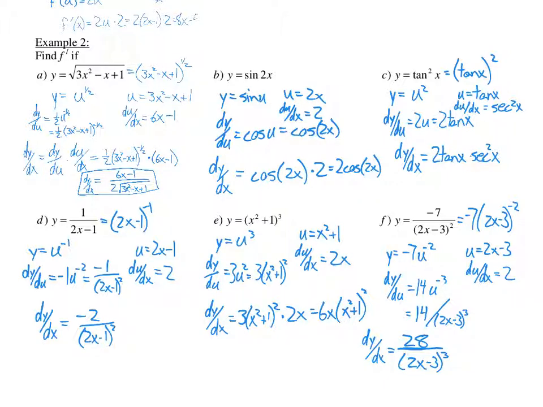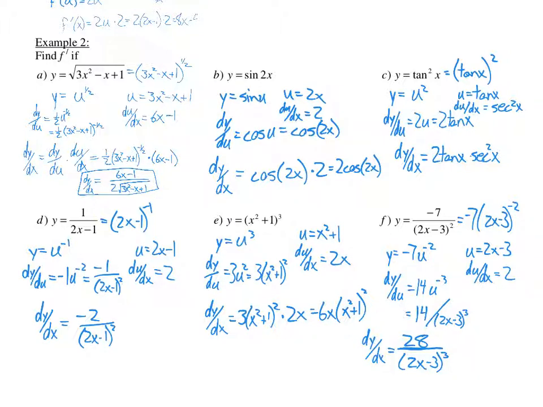Hang on, I'm having trouble seeing what's what here. 2 cosine 2x. That's right. D. Yeah, there's a negative. That's right. Do go ahead and multiply the 2x with the 3 there. Go ahead and put that together. And that's right too. Awesome job.